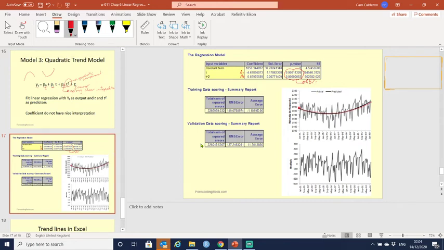So this is the training data scoring summary report. I recall that this is the root mean squared error, this is the average error, and the sum of the squared errors, three measures of accuracy. And this is the version for the validation time series. When we calculate the forecast versus the actual validation data, we have these errors here.